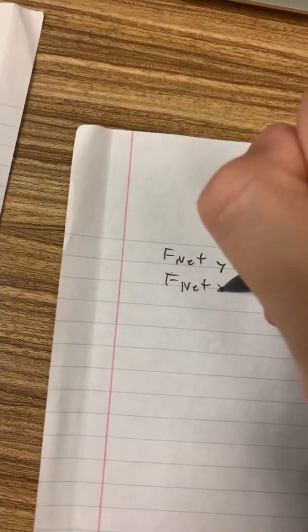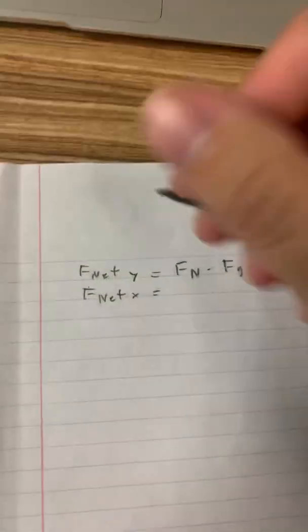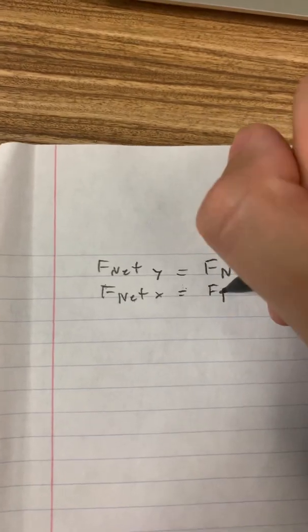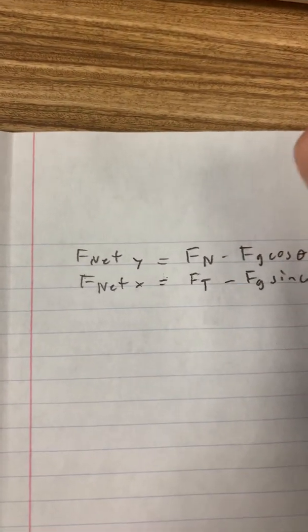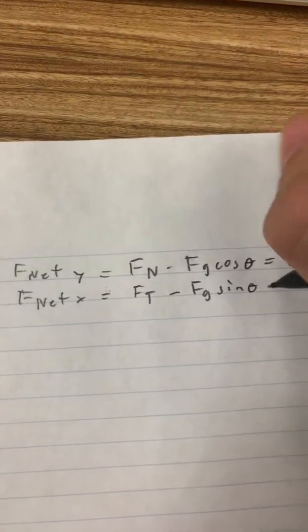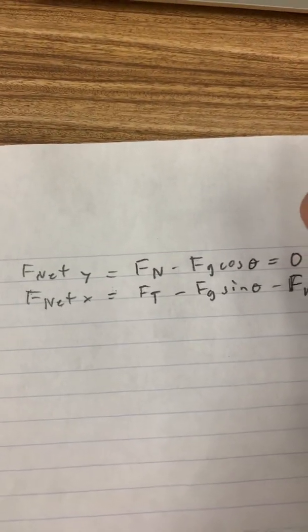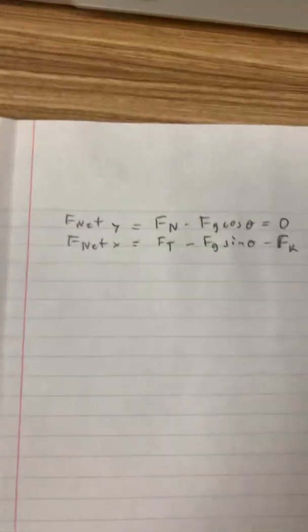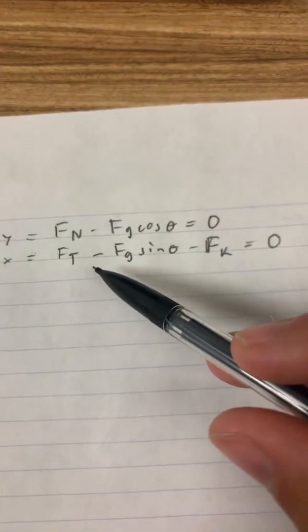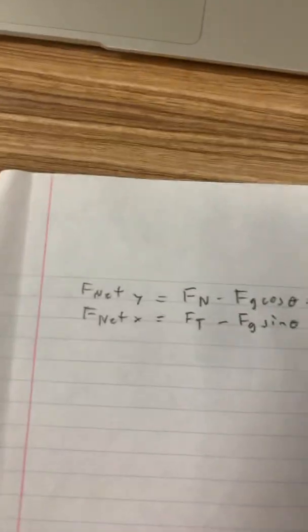So now we have to go to the x direction. Ft minus Fg sine of theta, also minus Fk, the kinetic friction, is also equal to 0 because of the constant velocity. So now we can figure out what Ft is from this.